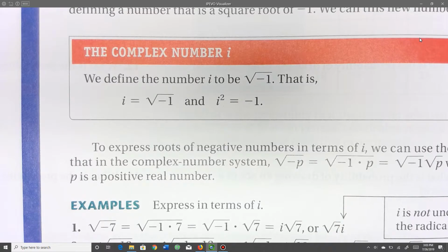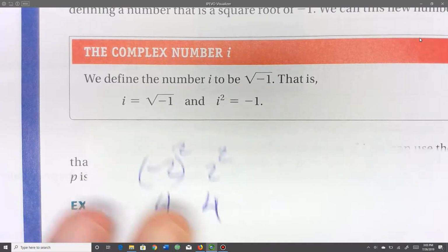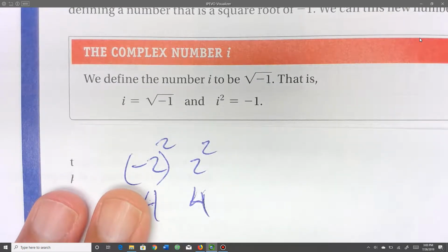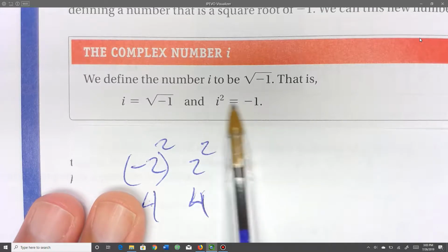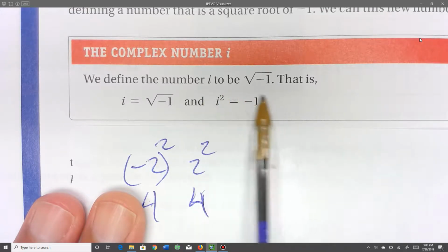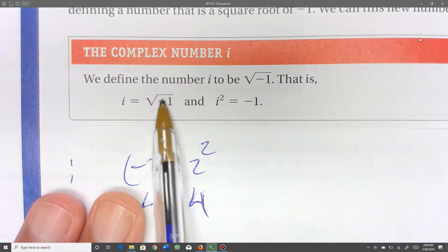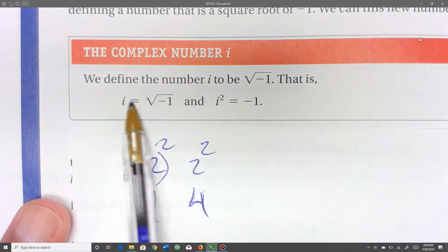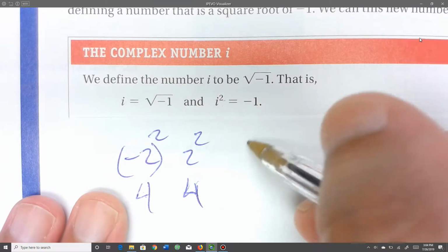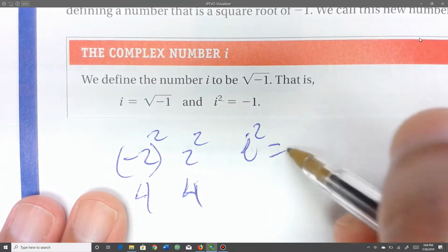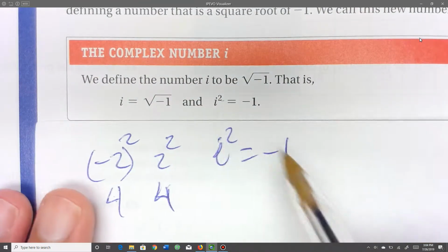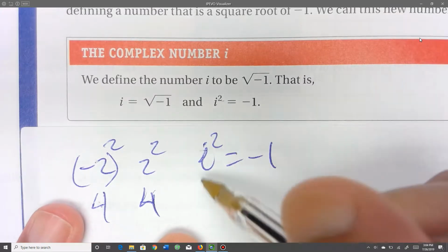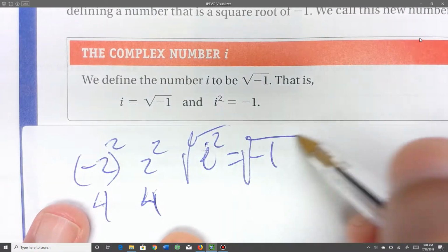I say this rule because it's only one. To me it's only one, because if you can remember this portion right here, you can figure this out. If you are here at i squared equals negative 1, then what happens if I square both sides?